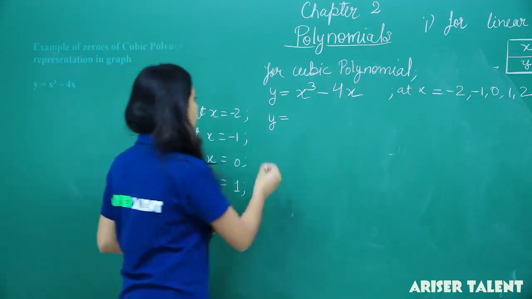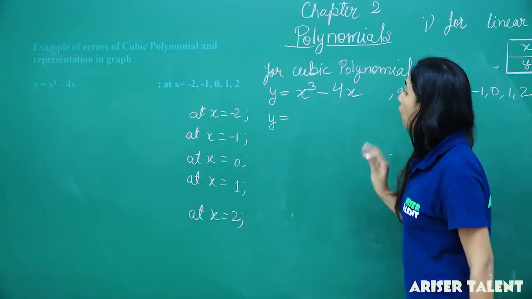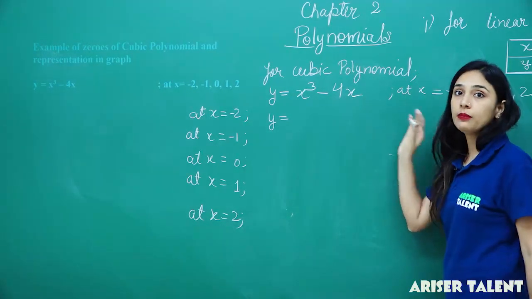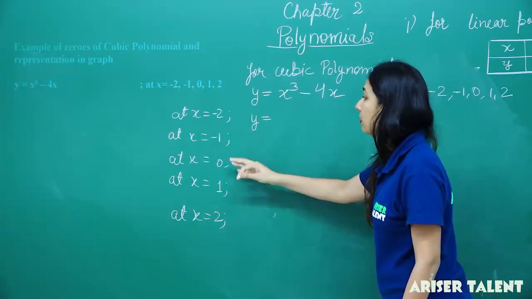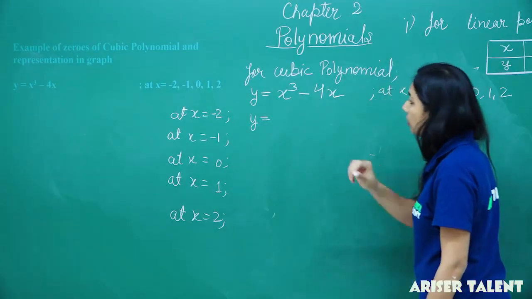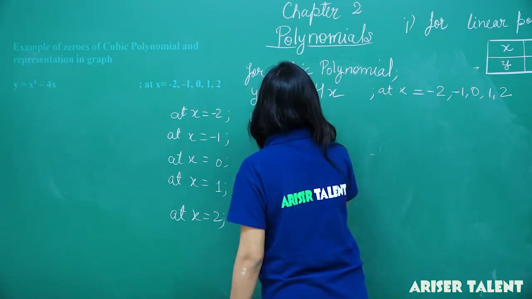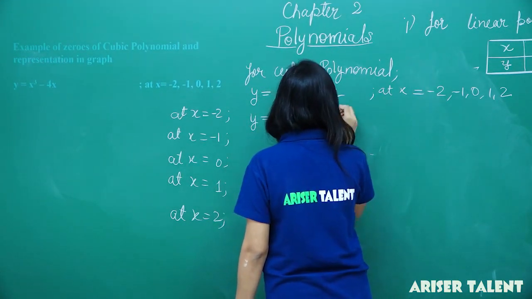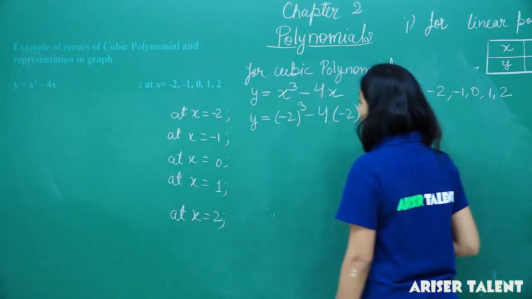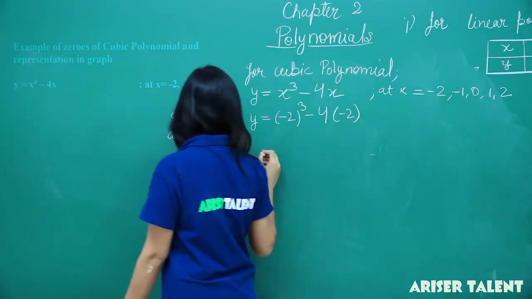Okay. So, the value of y, how do you find this? We'll put simply x equals minus 2, minus 1, 0, 1 and 2. So, let's put minus 2 cube minus 4 multiplied by minus 2. Okay, do it in your notebook with me.